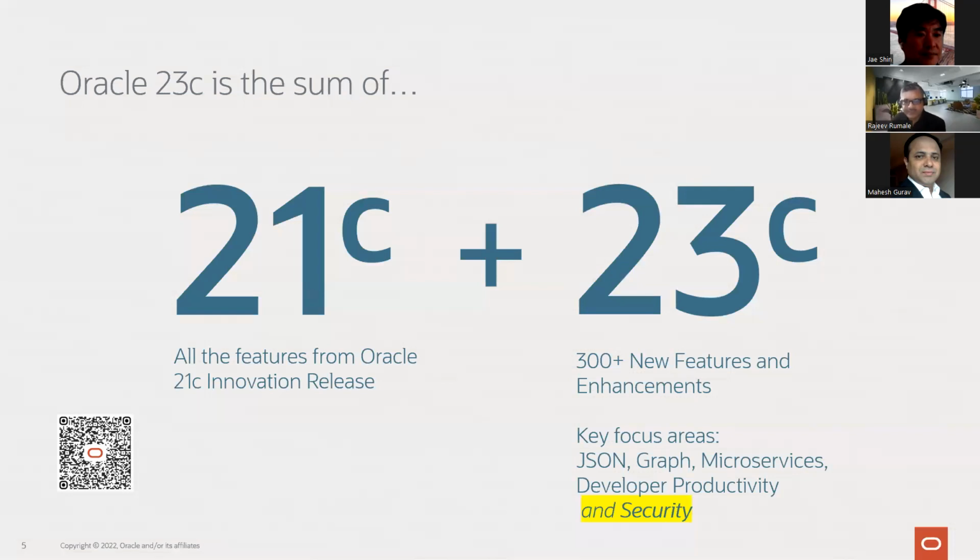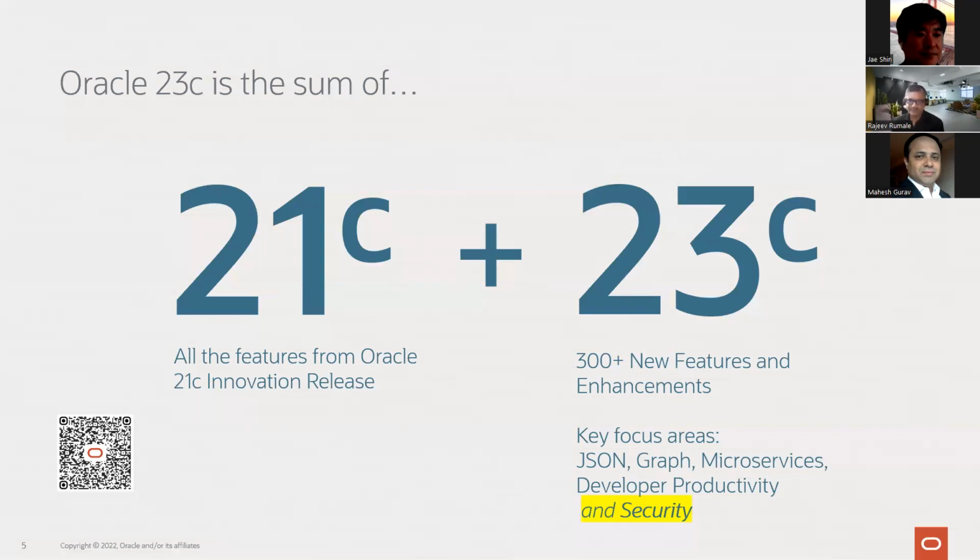We also project it as a converged database option. Even though it is the most popular RDBMS database, now we can do much more in 23C. Like we can have JSON database, graph, microservices, and other developer productivity things that are there.